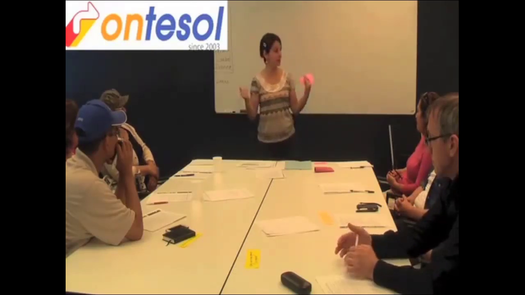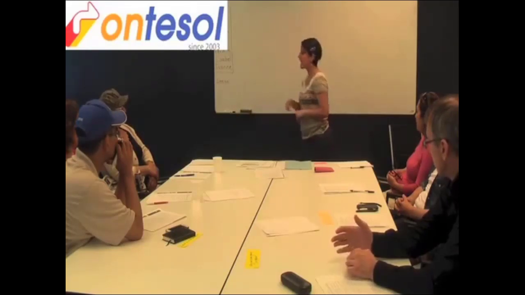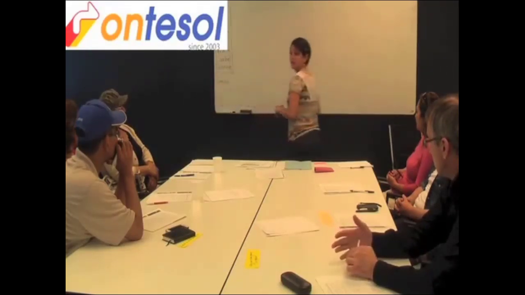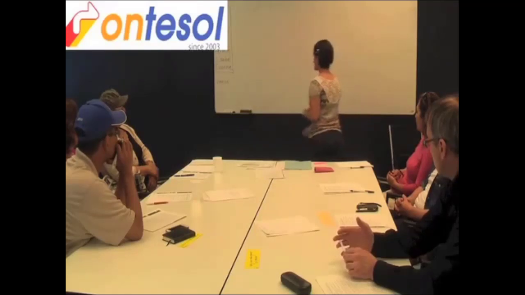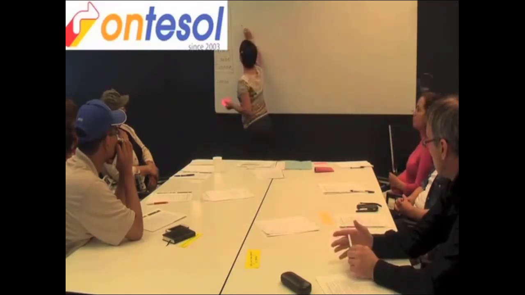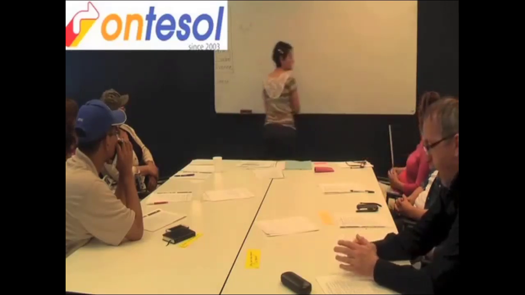So I'm going to give you each an expression, and I'm going to ask you to stand up, come to the front, and organize yourselves in a line, yes, from the expression that is the most negative. This one is the one that doesn't work.